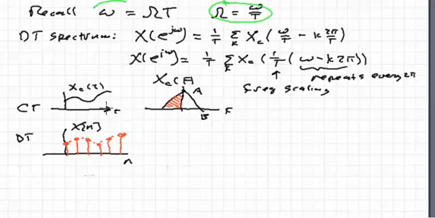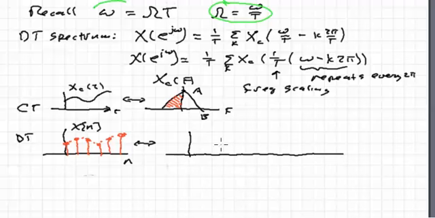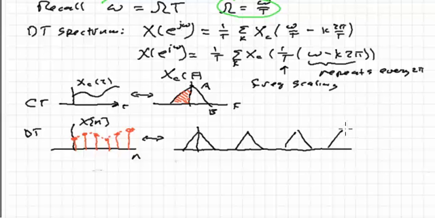The time variable is now n instead of t, and whereas this is the continuous time Fourier transform of the continuous time signal, the discrete time Fourier transform is going to look like this. Okay, it's going to look like a whole bunch of these triangles going out forever.